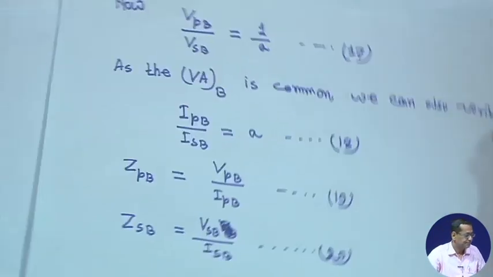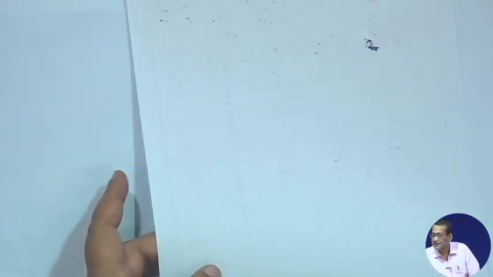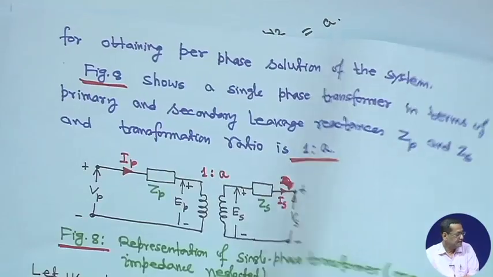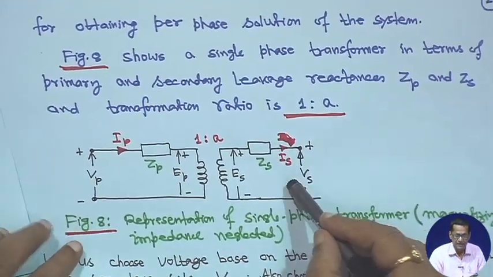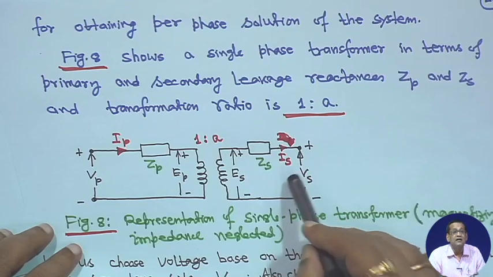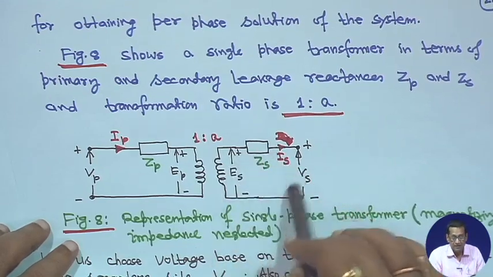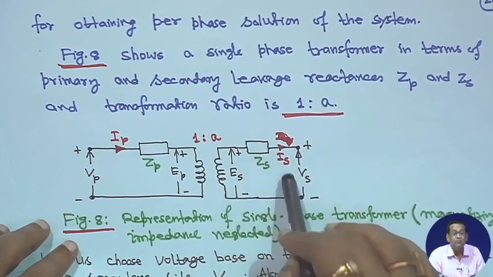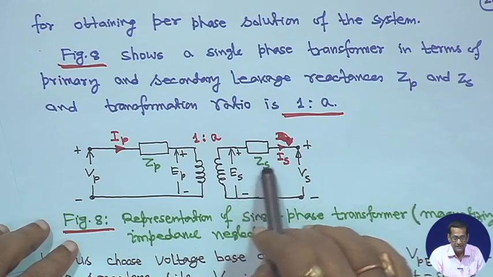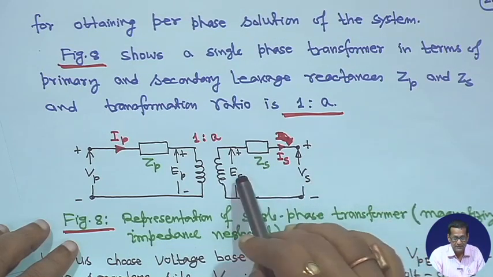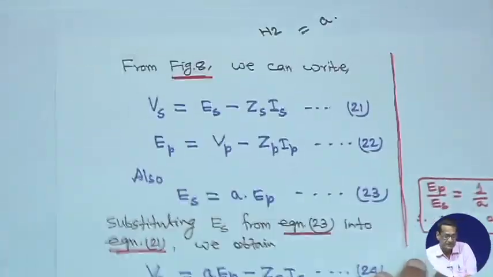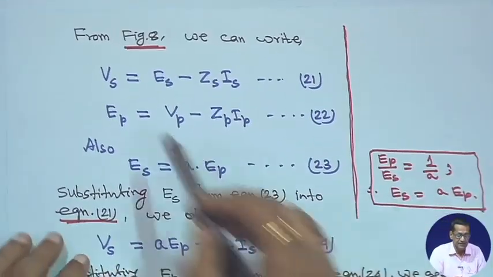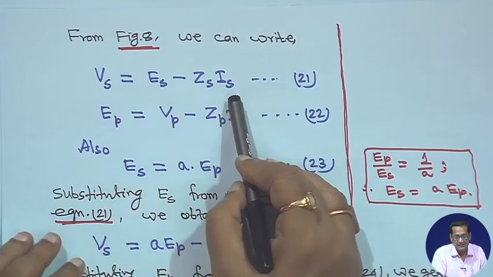Therefore, from figure 8, for the secondary side voltage you apply Kirchhoff's second law in this loop. So, it will be Is into Zs plus Vs minus Es is equal to 0. That means Vs is equal to Es minus Zs into Is.